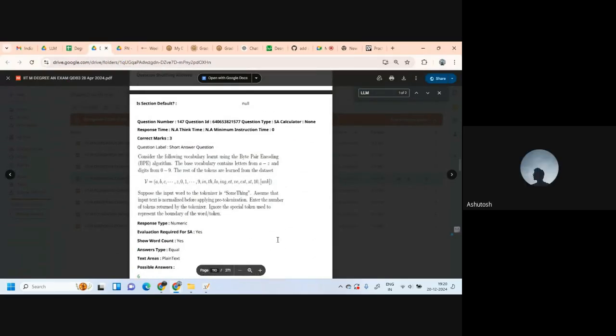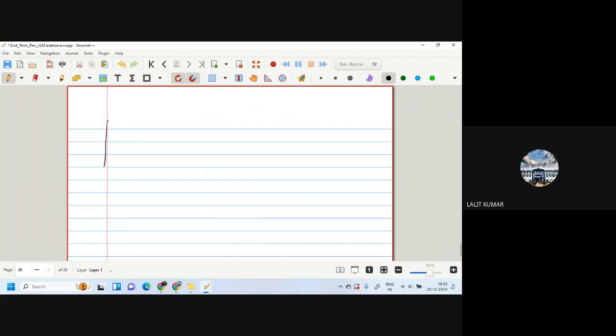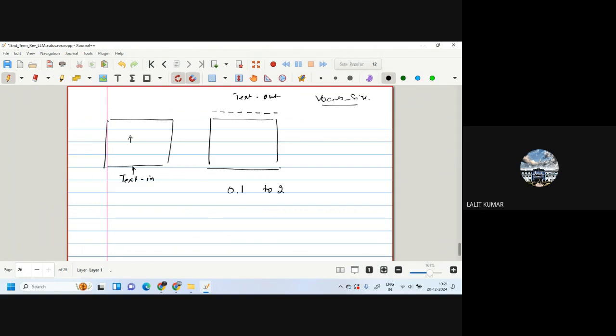Sir, can you explain it again, please? Okay. How do we do the text in, text out? We feed a text in and we get text out. This text out has some vocab size, so it can only predict text over a vocab size. Now in this question, the output is from 0.1 to 2 with a step size of 0.1.